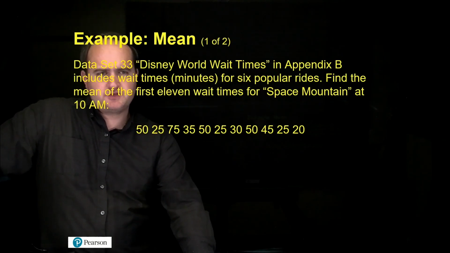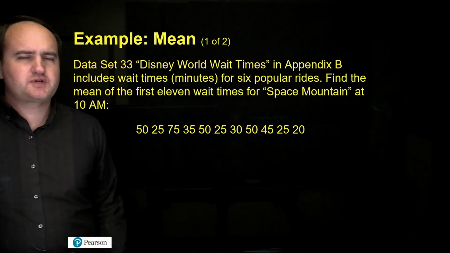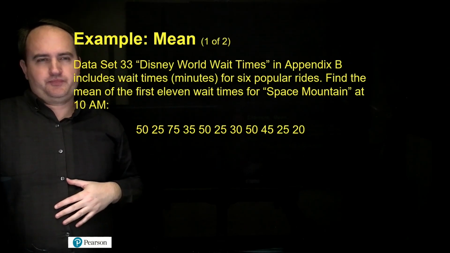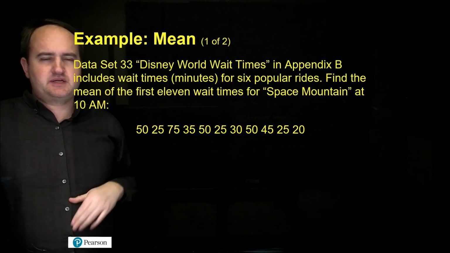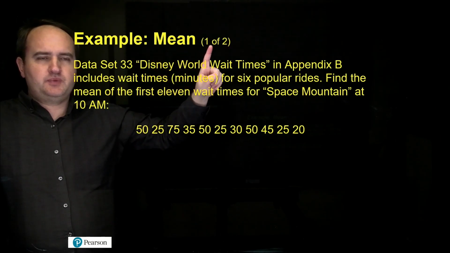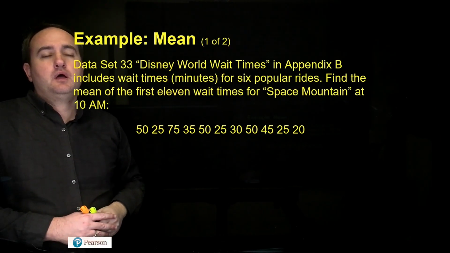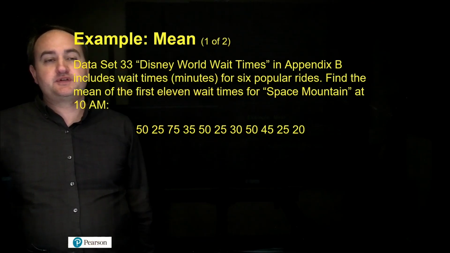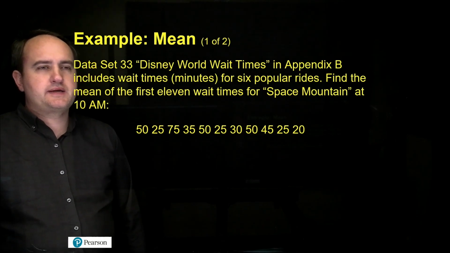Okay, so let's jump into an example. We'll talk a little bit more about why the mean is useful, but for now, let's just jump into an example. Example on the mean. One of the data sets from our book is for Disney World wait times.